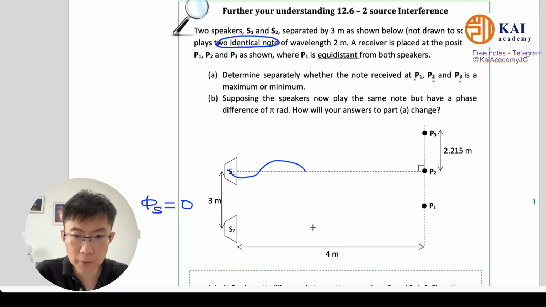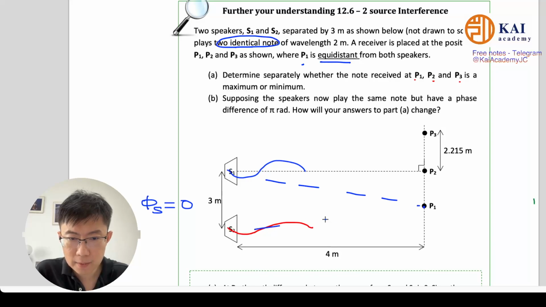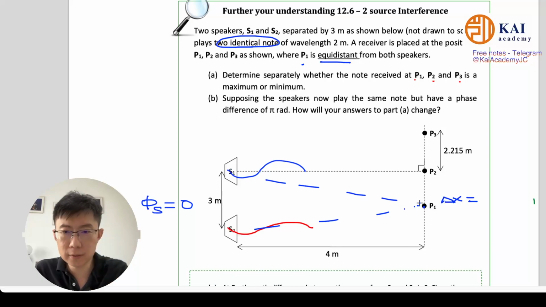We are also told that there is a receiver placed at positions P1, P2, and P3. And P1 is equidistant from both speakers. Now this is important information. If P1 is equidistant from both speakers, then we will say that the path difference, which is the numerical difference between these two distances, is actually 0.